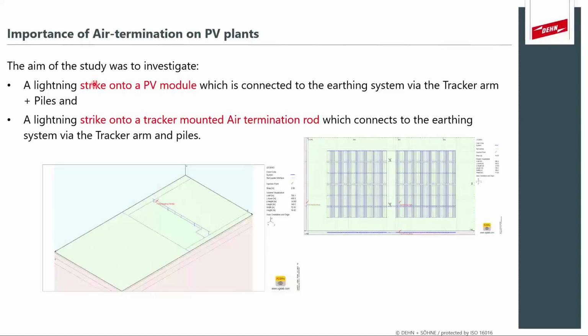That dedicated path was removed and it strikes the module and it has to find its own way down to the grounding system via other metallic structures and arcing and flashing and things like that. And the second one, we will show how if we install an air termination rod and we give that dedicated path, how the stress on equipment is suddenly removed and how the subsequent damage further downstream in the DC system can actually be avoided.